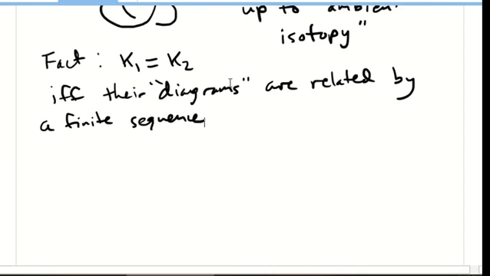These are local moves. They're called Reidemeister moves.